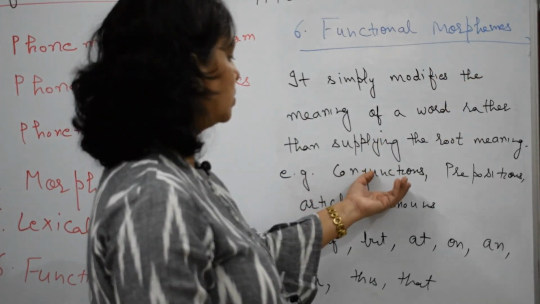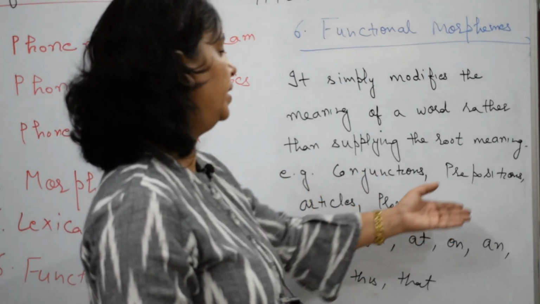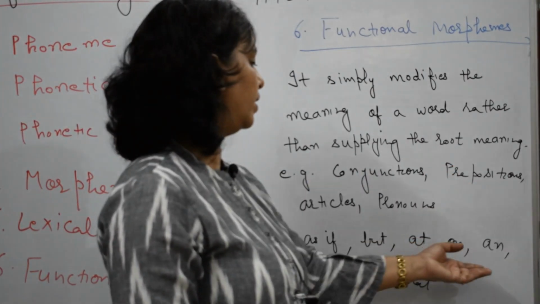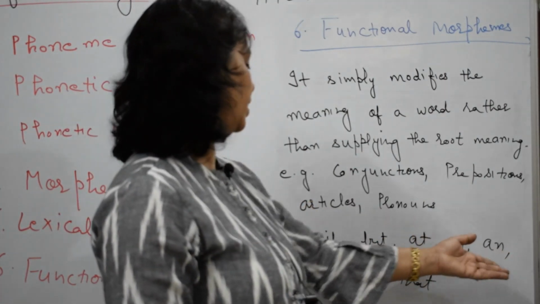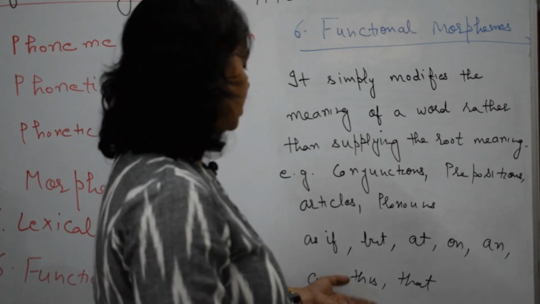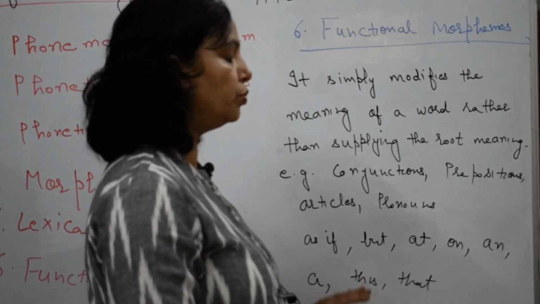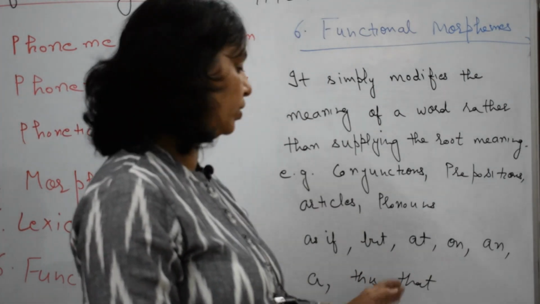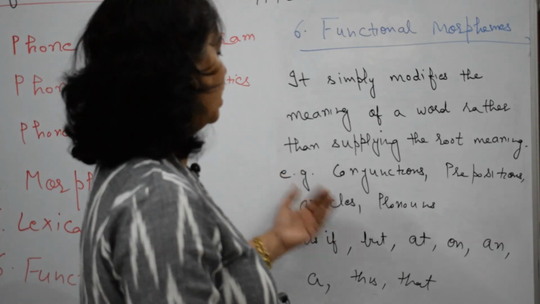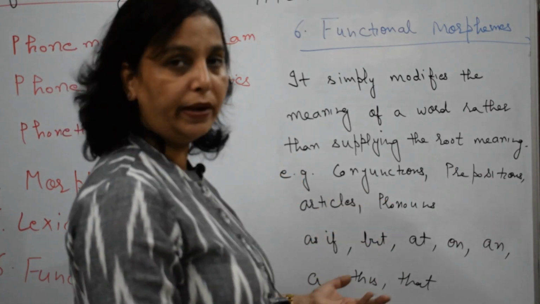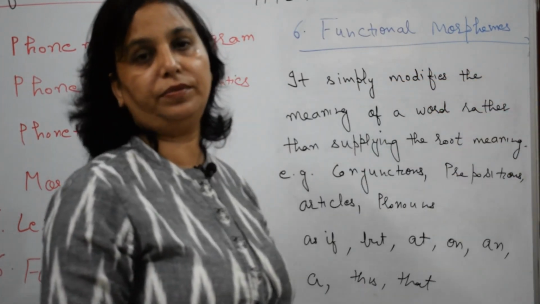For example, conjunctions like as, but, still, yet, nevertheless. Prepositions like at, on, above, under. Articles an, a, the. Pronouns this, that, those. Until or unless we use a noun, adjective, adverb or sentence, we can't use conjunctions, prepositions, articles or pronouns independently. That's why they are functional morphemes.